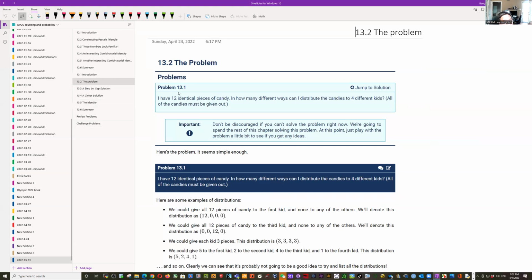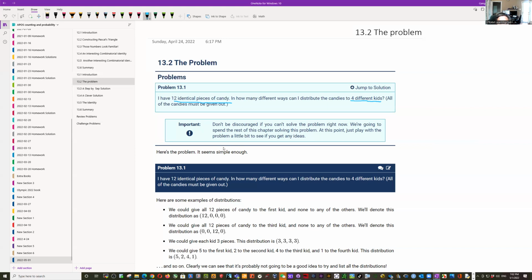So the problem we are given is 12 identical candies, and how many different ways can I distribute the candies to 4 different persons? All the candy must be given out. So this one, after we learn the stick and rock problem, is actually quite easy.